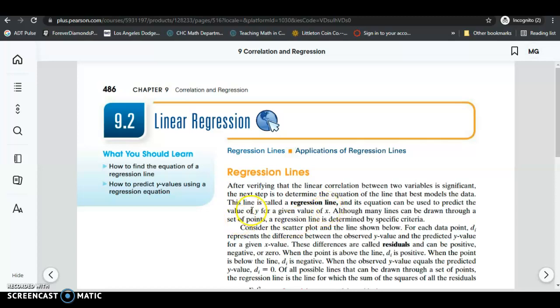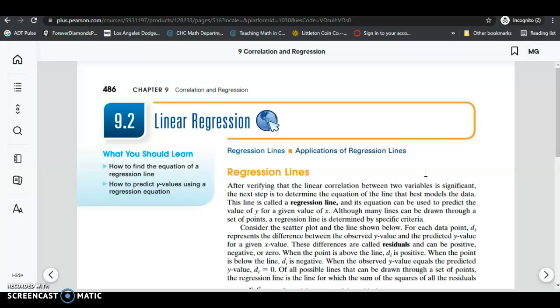So in these first couple of sentences, it tells you what we did in the previous section, section 9.1, where we looked at paired data and we were interested in determining whether a linear correlation between the two variables in question exists, and whether that linear correlation is significant.